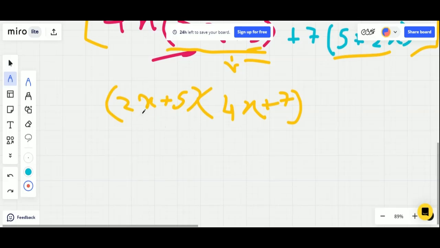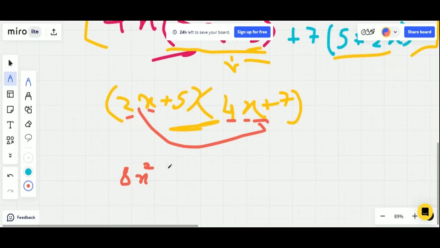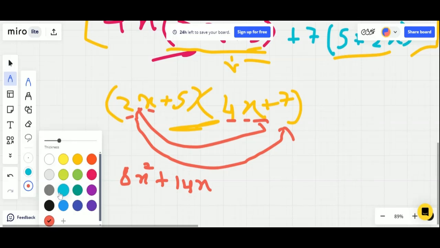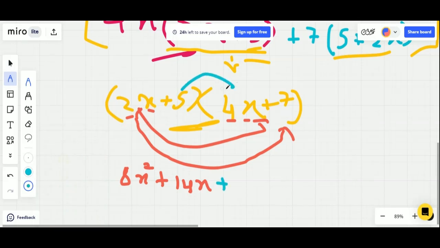So first we have 2x and 4x. 2x into 4x is 2 into 4, 8x squared. Plus 2x into 7 is 2 into 7, 14x. Plus 5 into 4x is 5 into 4, 20, and into x is 20x.